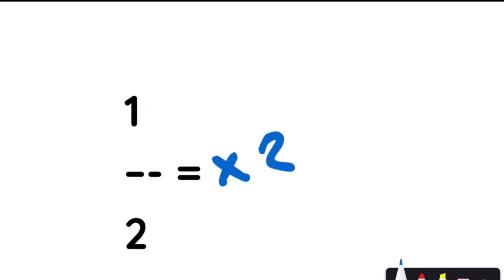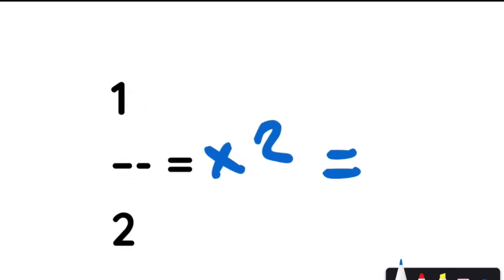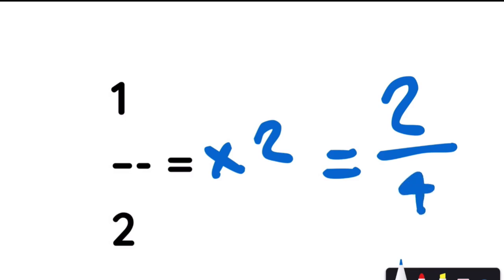I want to multiply these two by 2, for example. 1 multiplied by 2 equals 2, and 2 multiplied by 2, 4. Just pay attention that the real multiplication, if you want to do the operation of multiplication in fractions, is completely different.